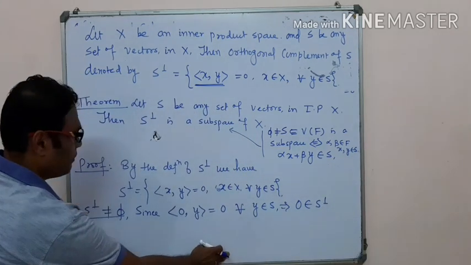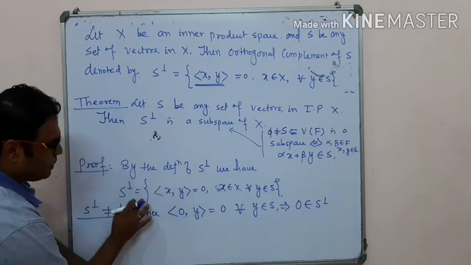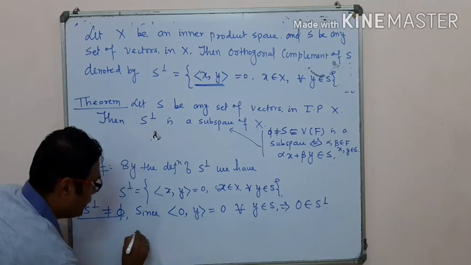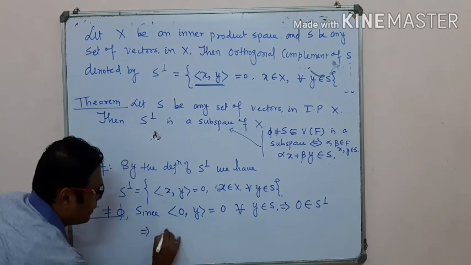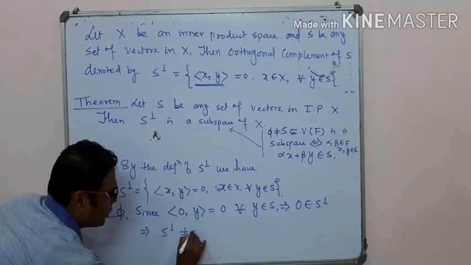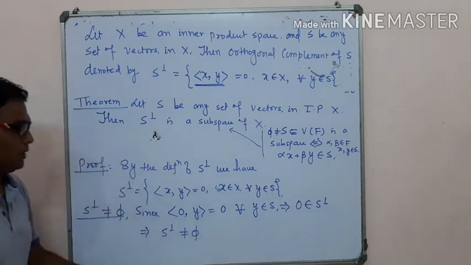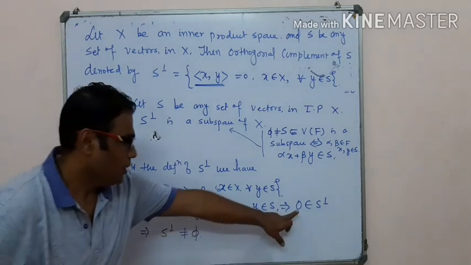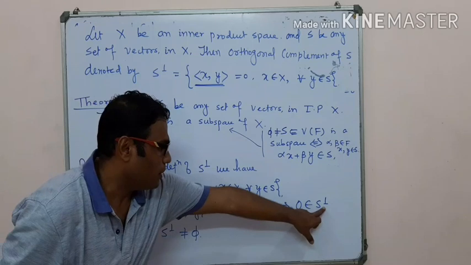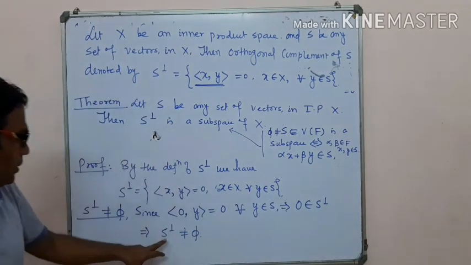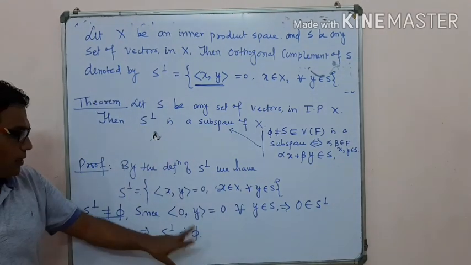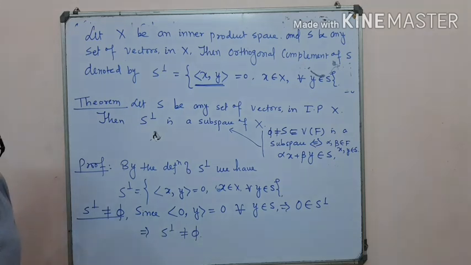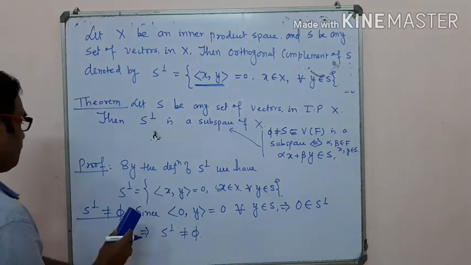With the help of this definition, it implies that the complement is not equal to phi. How? Because this 0 is a member of this complement, so the complement set is not empty here. Now we prove the second part.